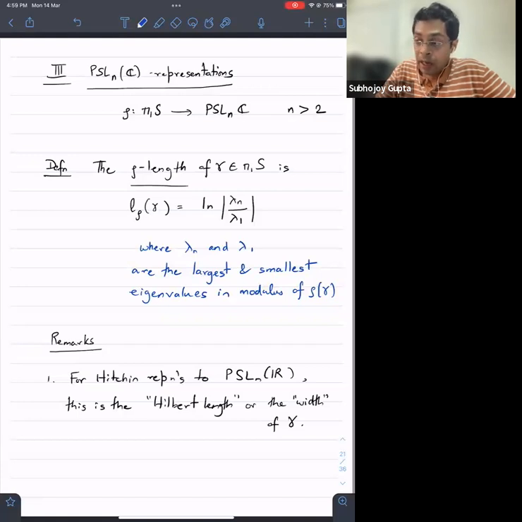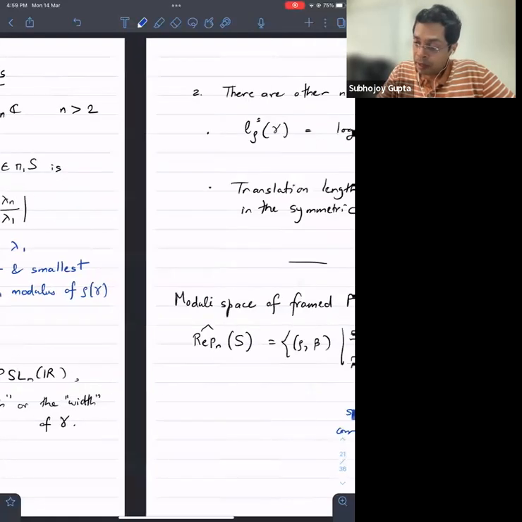This is exactly, so Hitchin representations to PSL3R, it turns out that these are also convex projective structures which carry a Hilbert metric, and this length I've defined is actually the Hilbert length of the curve, and it's also called in some parts of the literature the width of the curve gamma.